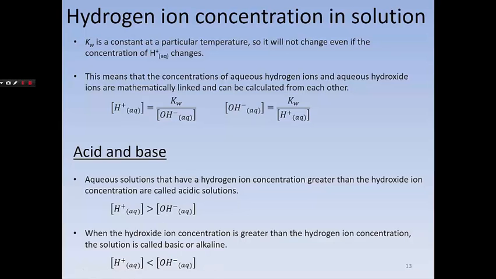Acid and base chemistry here is a particular form of aqueous equilibrium chemistry and is important in both chemistry and biology, as we already know. One thing I need to point out is that acid and base chemistry is different from many other reactions taking place in water.